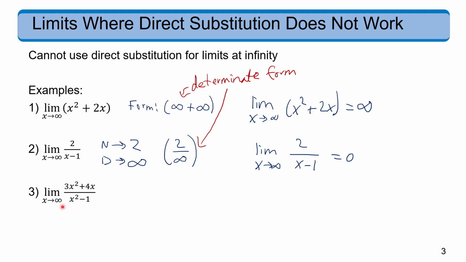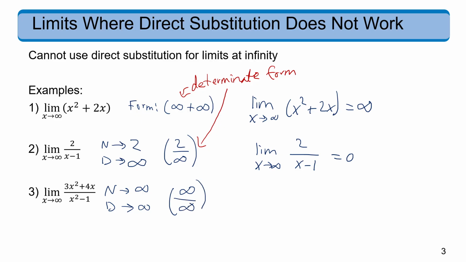So as x gets bigger and bigger off to infinity, notice the numerator, both terms there would be getting infinitely large, so the numerator is going to infinity. And then the denominator would also be going to infinity. So the form here would be infinity over infinity.